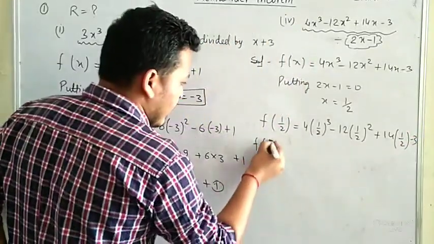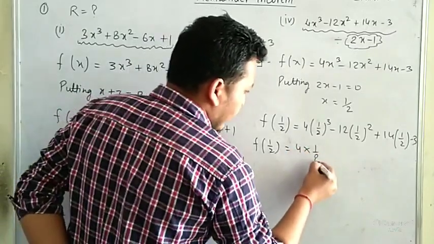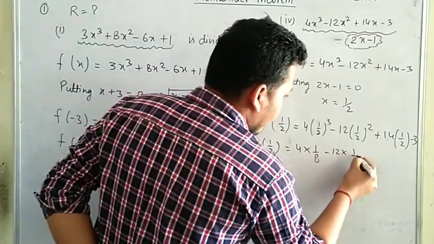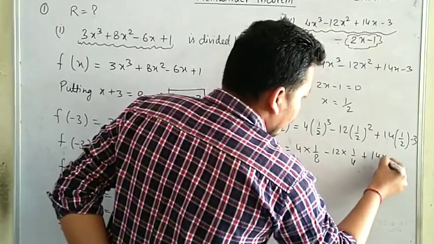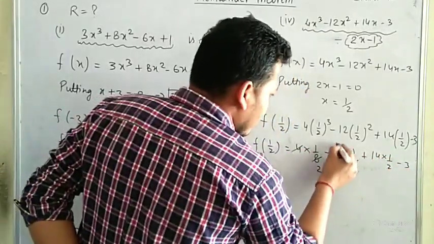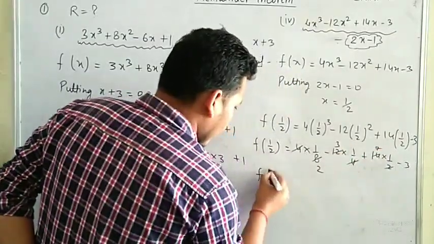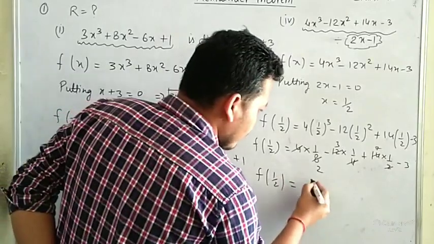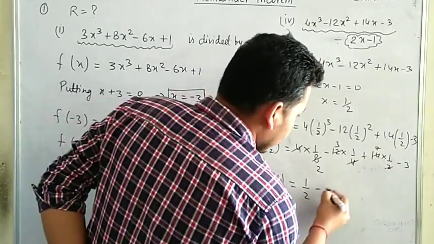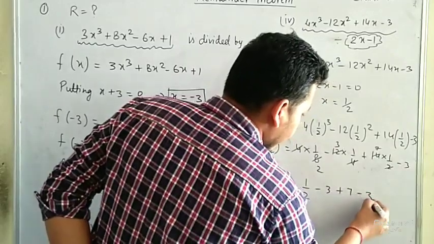So then we can calculate our remainder. This is 4 into 1 by 8 minus 12 into 1 by 4 plus 14 into 1 by 2 and minus 3. 4 2s are 8, then 4 3s are 12 and 2 7s are 14. So f(1 by 2) is equal to 1 by 2 minus 3 minus 3 plus 7 minus 3.